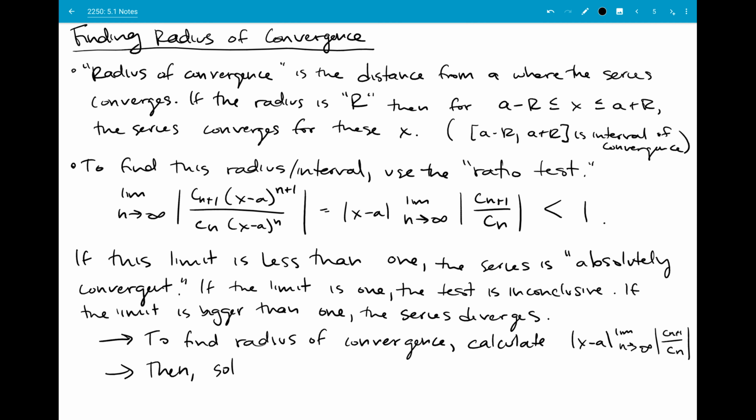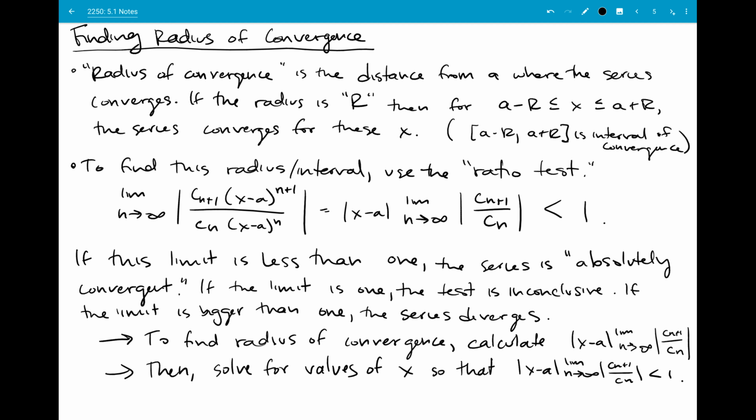Then solve for values of x so that that amount is less than 1.